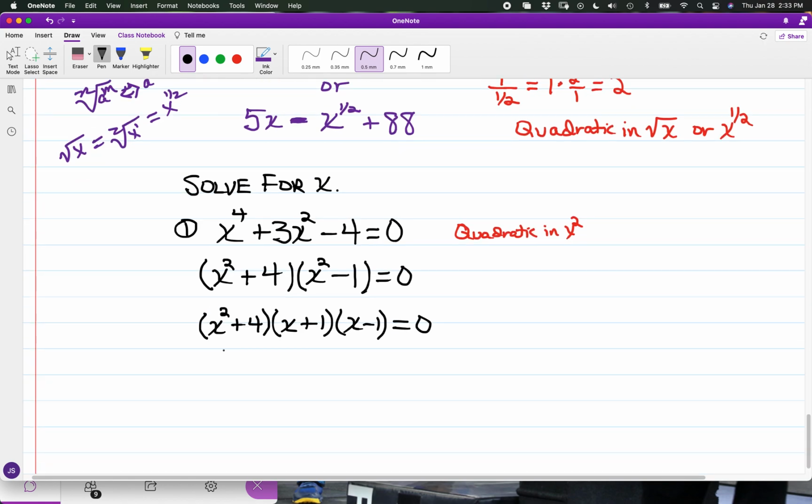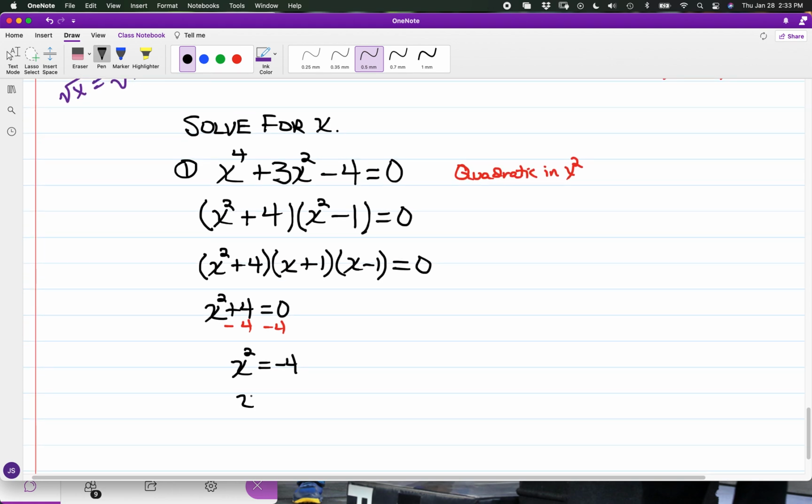Using the zero product property, if I set each of the factors to 0, I have x squared plus 4 equal to 0, and I isolate the x squared term, so x squared is equal to -4.